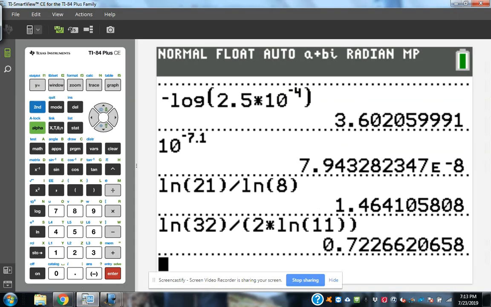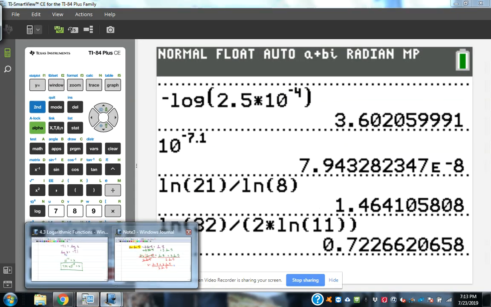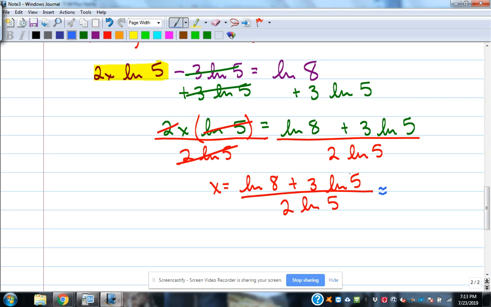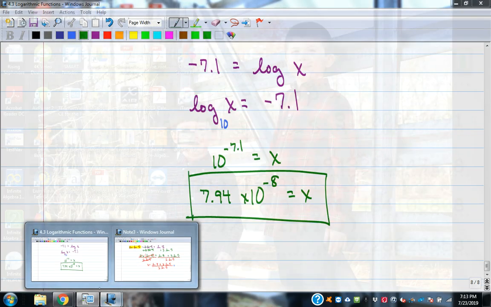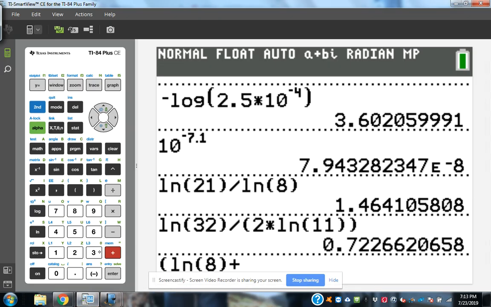All right. And then so we're going to work that out. We're going to get the natural log of 8 plus 3 natural log of 5. And then we're going to divide all of that by 2 natural log of 5. So I'm going to do that in parentheses. Natural log of 8 plus 3 natural log of 5. Then I'm going to close up those parentheses.